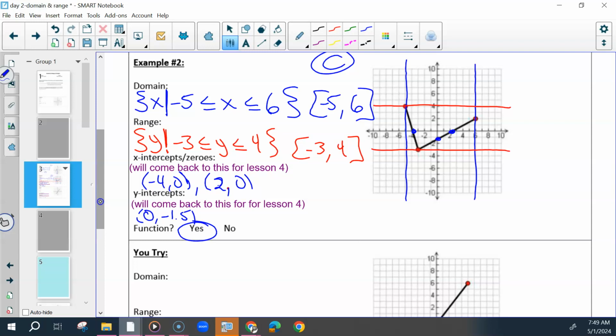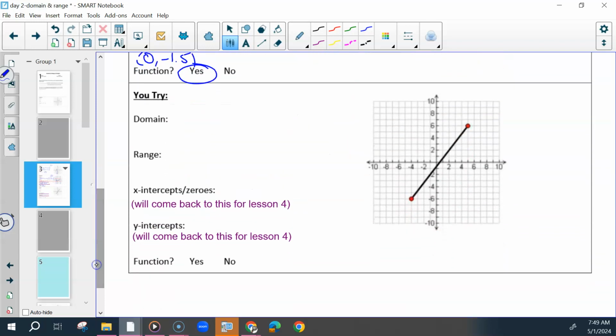Do you have any questions so far about domain and range? We'll do another one together and then I'll have you try one. So again, if you want to put in the lines, you can do that. For the domain, where does this start? -4.